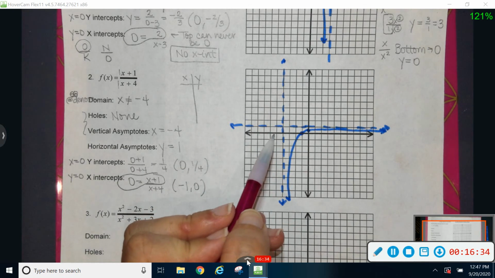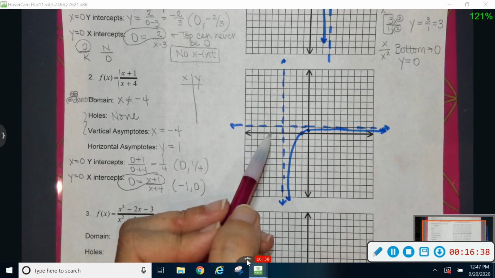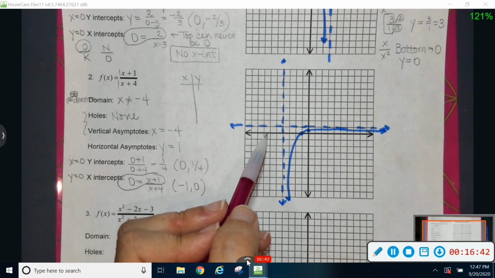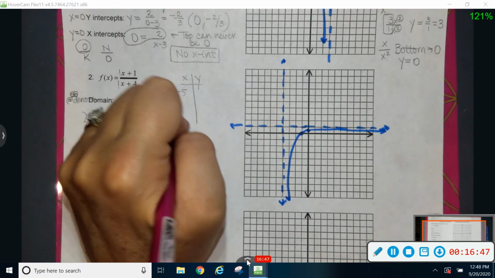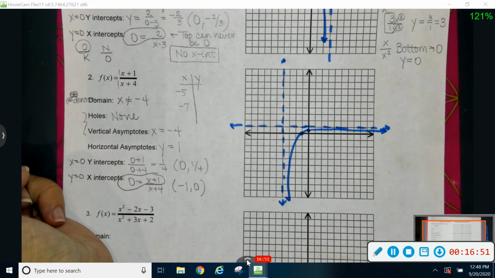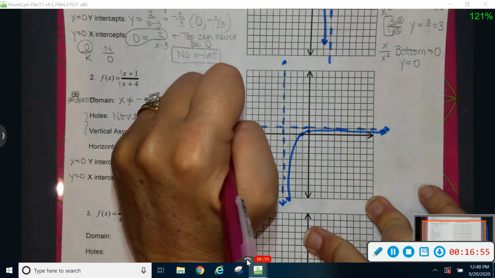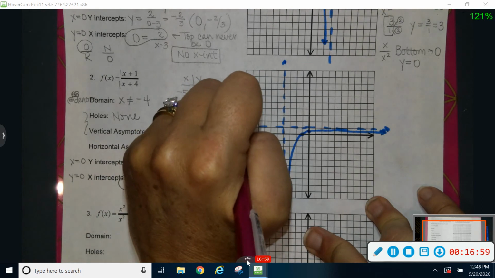So I need to go along the x-axis and choose some points over here that will give me the points I'm expecting. So anything basically beyond negative 4. Negative 5, negative 6, negative 7. Maybe I'll do negative 5, maybe I'll do negative 7 to kind of see what's happening out towards the left of that graph. Then I plug in. So I'm doing (-5 plus 1) over (-5 plus 4).